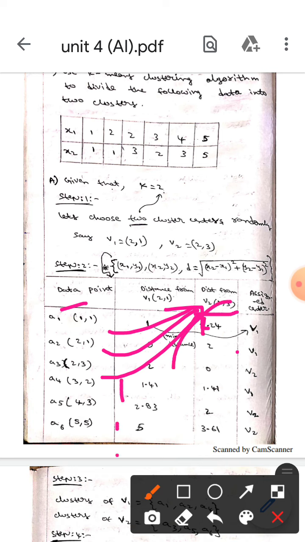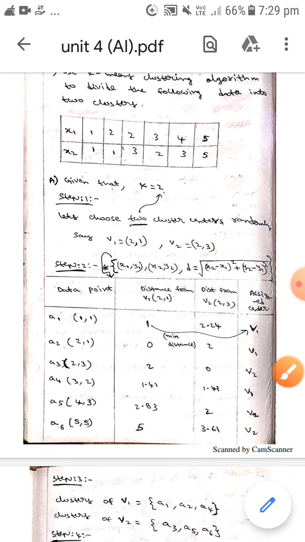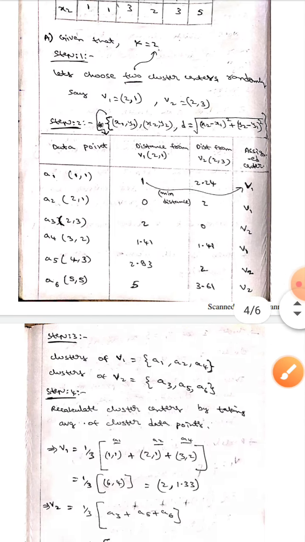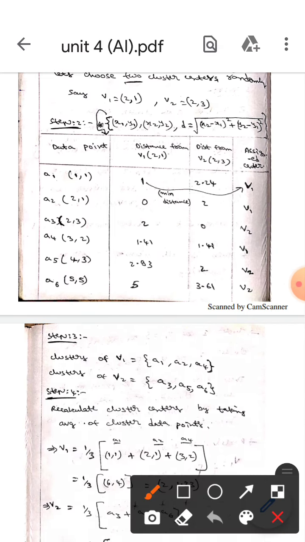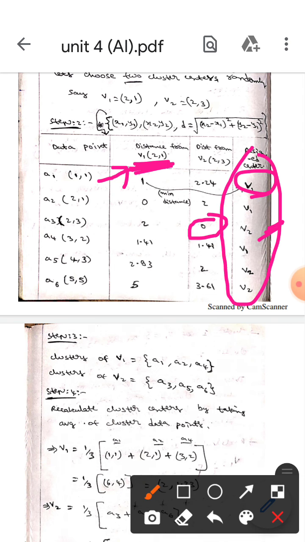In this way I will write these distances here, and after this I will check which one is minimum for a1. For a1, v1 is minimum. There is minimum distance between a1 and v1, so I will write here v1. If v2 is minimum, so I will write v2. In this way I will write v1 and v2 here.